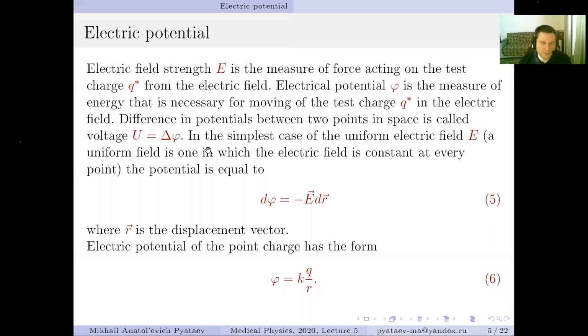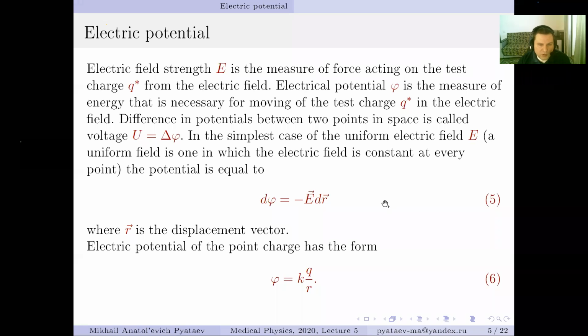And not every field is potential. There is some mathematical criterion which allows one to find out if a field is potential or not.